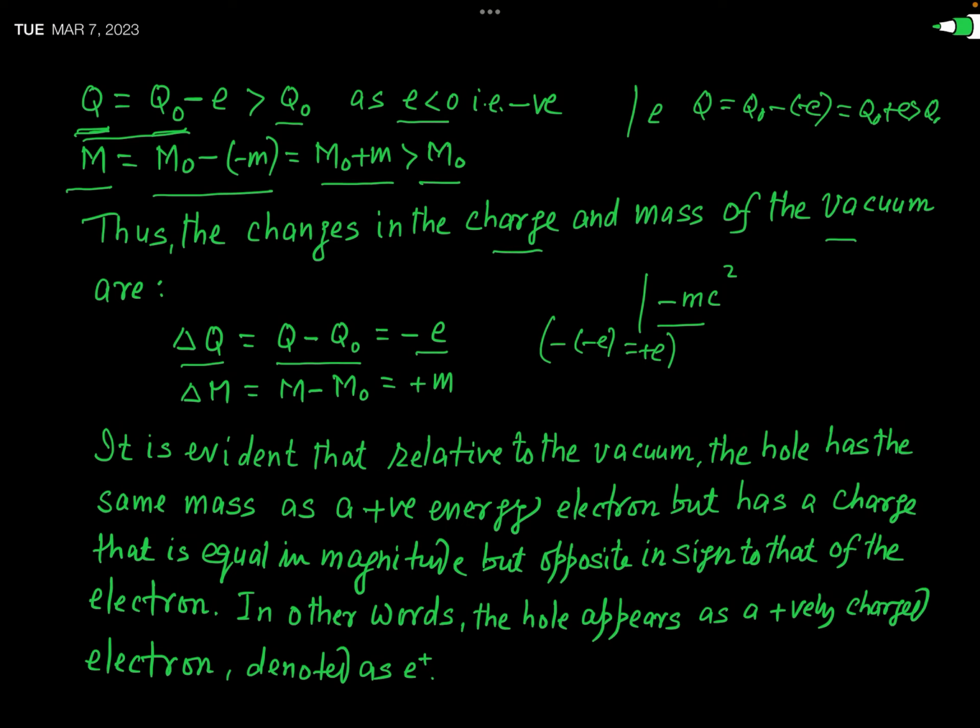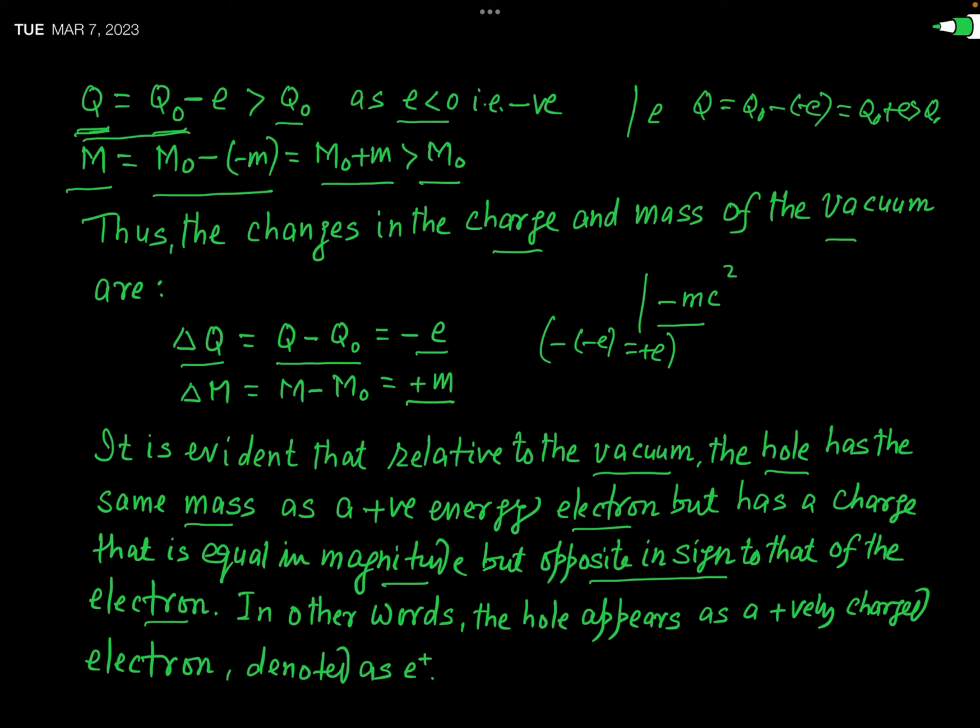So I have written here that it is evident that relative to the vacuum, the hole has the same mass, plus m, which is the mass of the electron, as the positive energy electron, but has a charge that is equal in magnitude but opposite in sign to the charge of the electron.